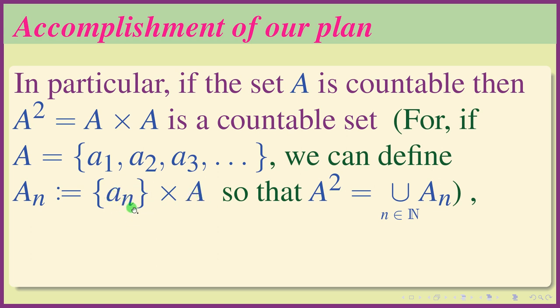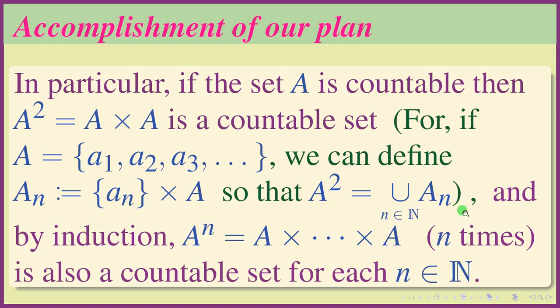This is the singleton {a_n}, so first coordinate is fixed a_n, and the second coordinate is an element of A. So second coordinate runs through these elements. Then this set is in one-to-one correspondence with A because first coordinate is fixed. Therefore, since A is countable, A_n is also countable. And note that A square is actually the union of all these A_n. So this is a countable union of countable sets, so A square is countable.